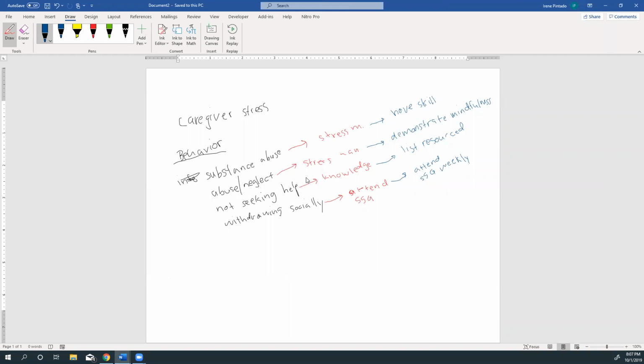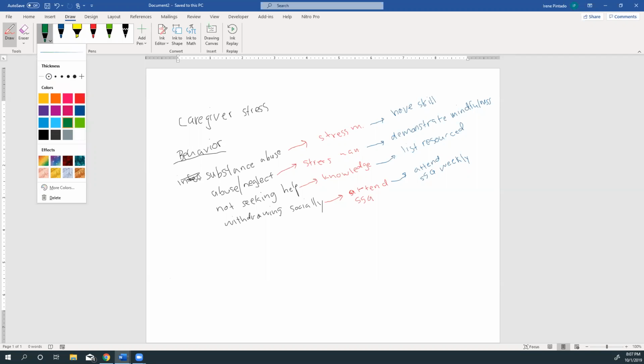We want them to stop abusing drugs in order to manage their caregiving stress. What kinds of things could we have them do? We'll just do that in green. Maybe they can join a 12-step program or something like that. So the environment would be to make a substance abuse 12-step program available, right? That's how we change the environment.